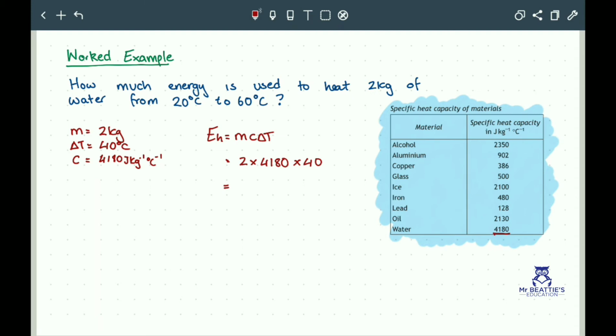And our final answer in this question is 334400 joules, or 334.4 kilojoules if you want to put it in scientific notation.